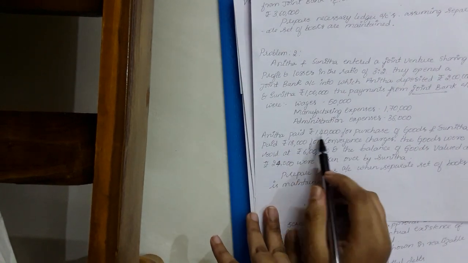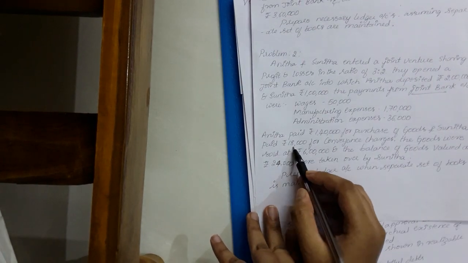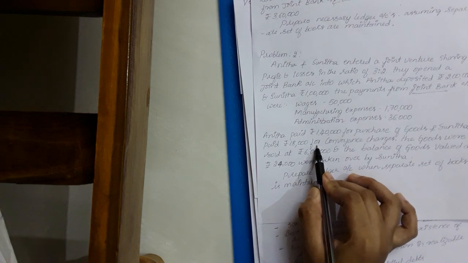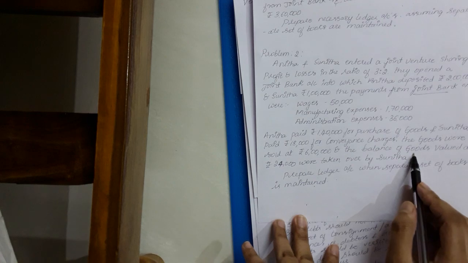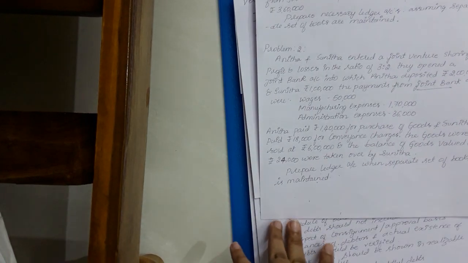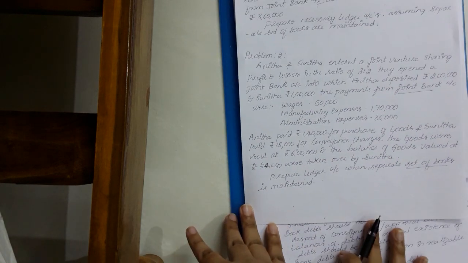Anita paid rupees 1,40,000 for the purchase of goods, and Sunita paid 18,000 for conveyance charges. The goods were sold at 6 lakh, and the balance of goods valued at 24,000 were taken over by Sunita. Prepare the ledger accounts when a separate set of books is maintained.